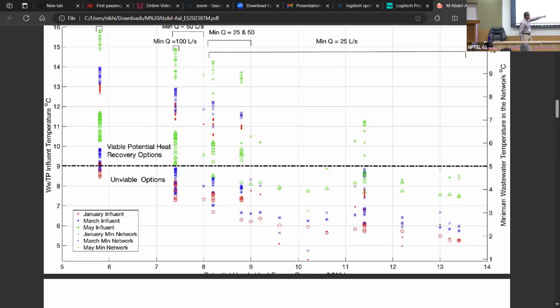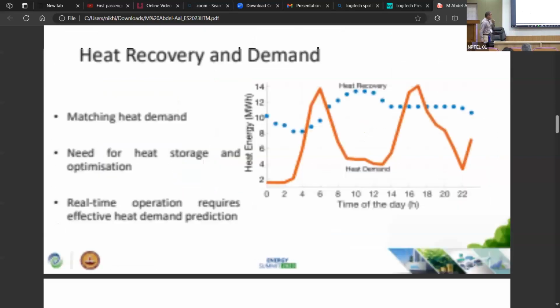Anything below 5 degrees in the sewer network or below 9 degrees at the treatment plant is unacceptable because that's too cold. So it will tell you how much heat you can recover, and what is the viability of heat recovery at certain flow rates in the sewers and certain months. Okay, so that is for a large sewer network.